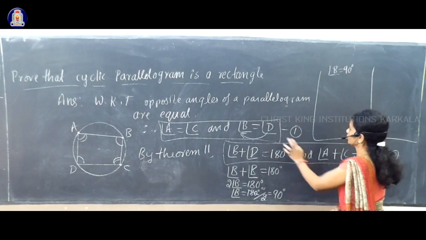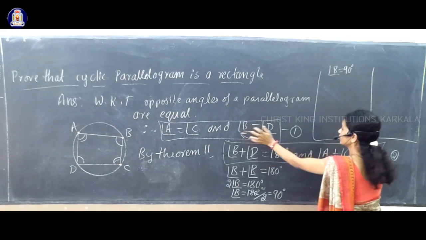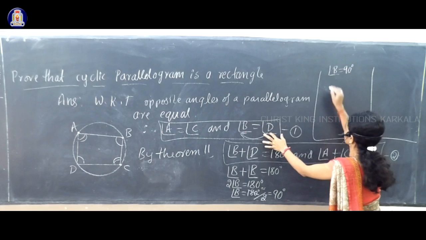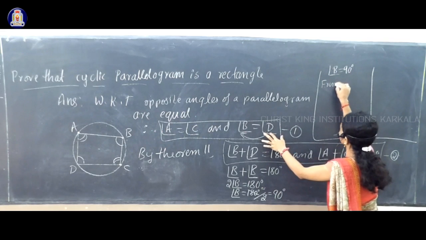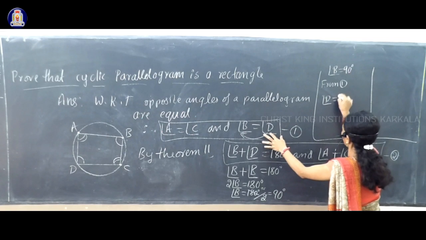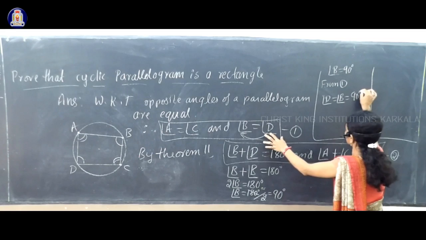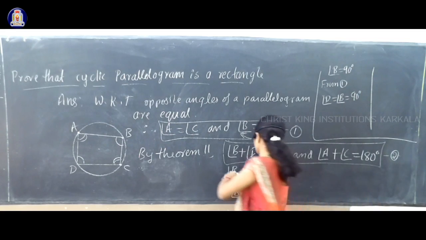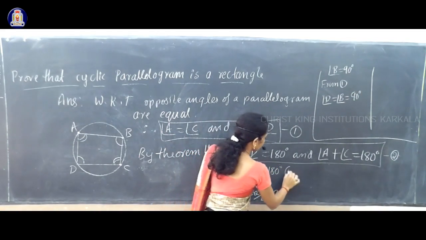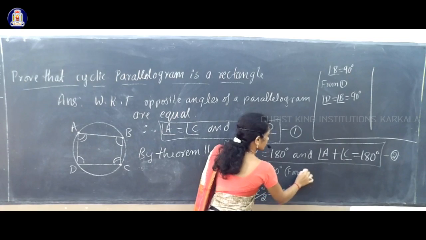But what we have in 1 is angle B is equal to angle D. So from 1, angle D is equal to angle B, and that angle B is how many degrees? That is 90 degrees. And here also we use 1. From 1, how do we use it?